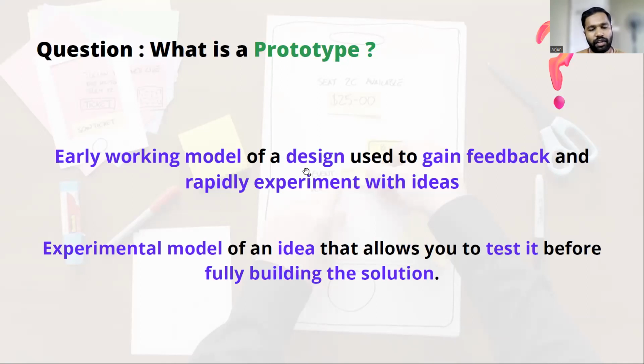Even though you don't give the full functionality, you are giving them some functionality so that they can use it, test it, and give you their feedback, with which you can further improve towards what they are finally aspiring for. So that is what a prototype is.